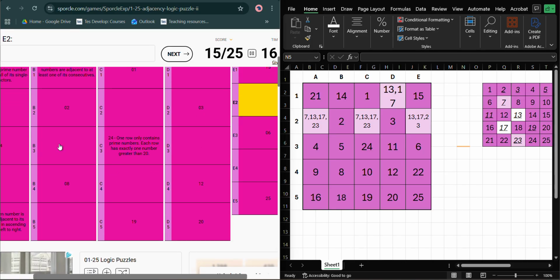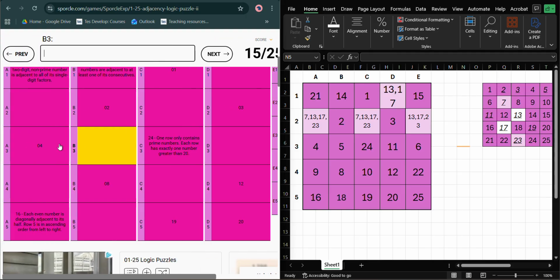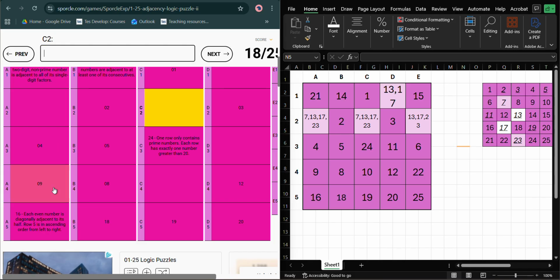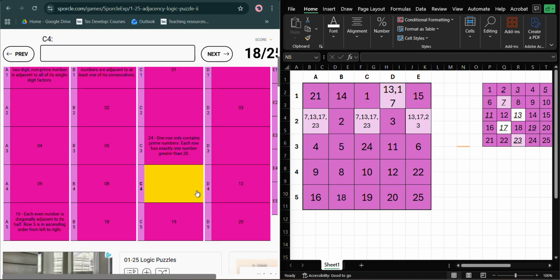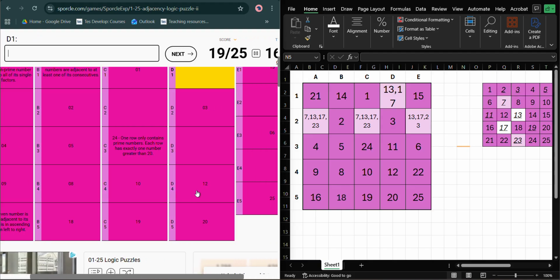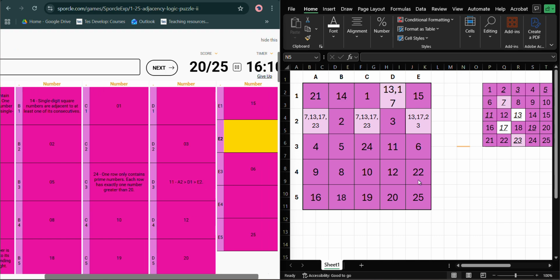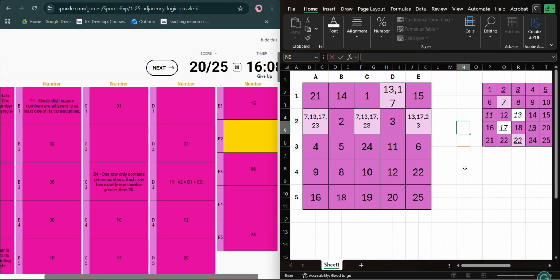Just writing everything we've got. So we've got a 4, then a 5. That one's an 18. 9. C2 we haven't got. C4 is a 10. We haven't got that one, but we have got 11. Yeah, I thought this would be the case.